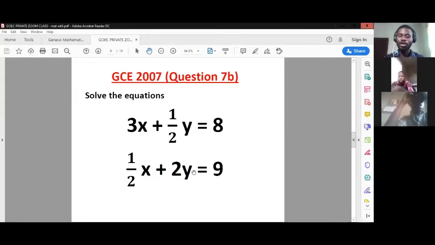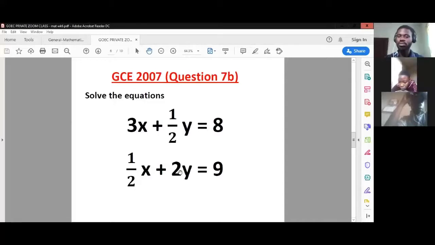Now, for equation 2 also, 2 is the LCM, because we are seeing 1 over 2. So 2 is also the denominator here. The same thing you are going to do: multiply all of them by 2. If you multiply the first one by 2, 2 will cancel 2, so the fraction will disappear and you'll be left with only x.